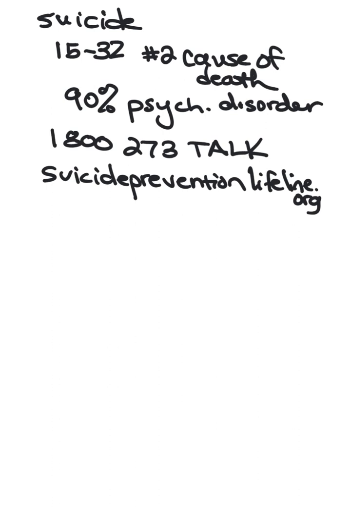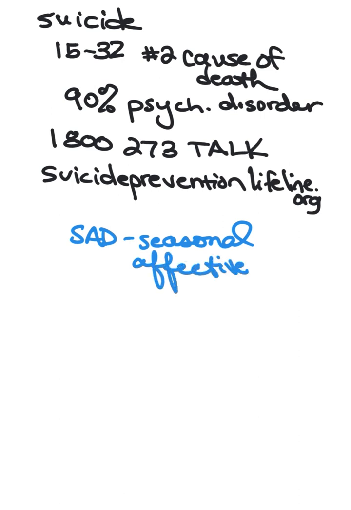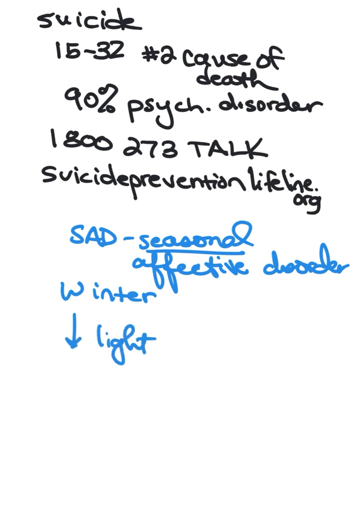Now, you've probably heard of something else called SAD, which stands for Seasonal Affective Disorder. This is a sub-unit of depression, which happens based on seasons, and winter is definitely the main culprit. The research is showing that when there are lower amounts of light hitting the eye, especially natural light, not just light bulb light, it affects the frontal lobe and the limbic system.